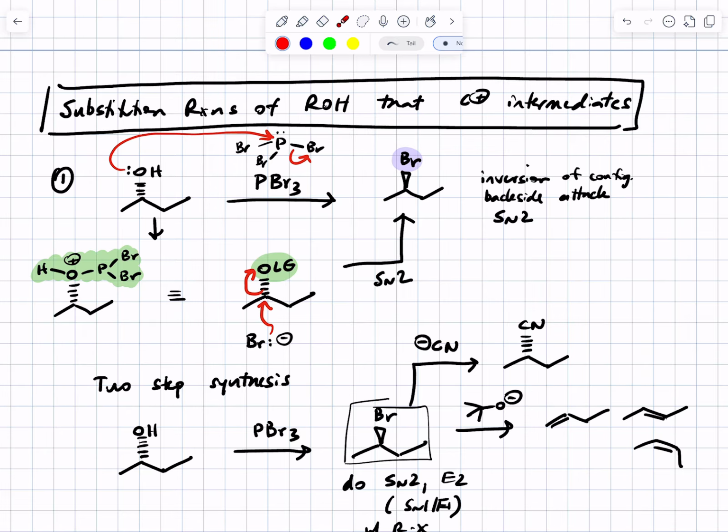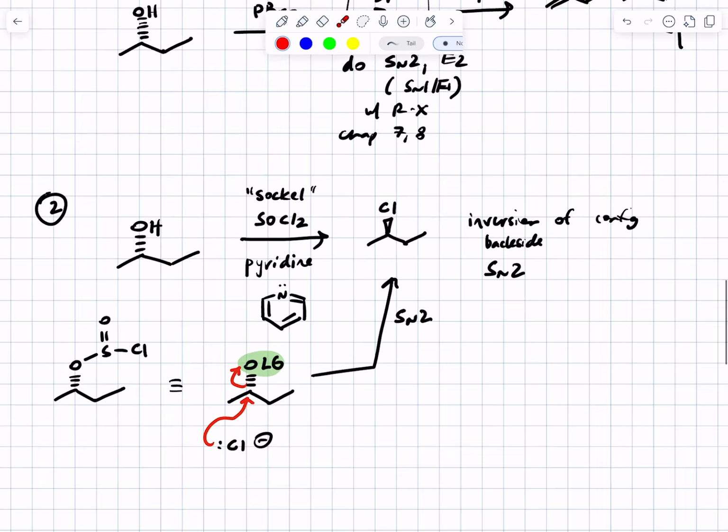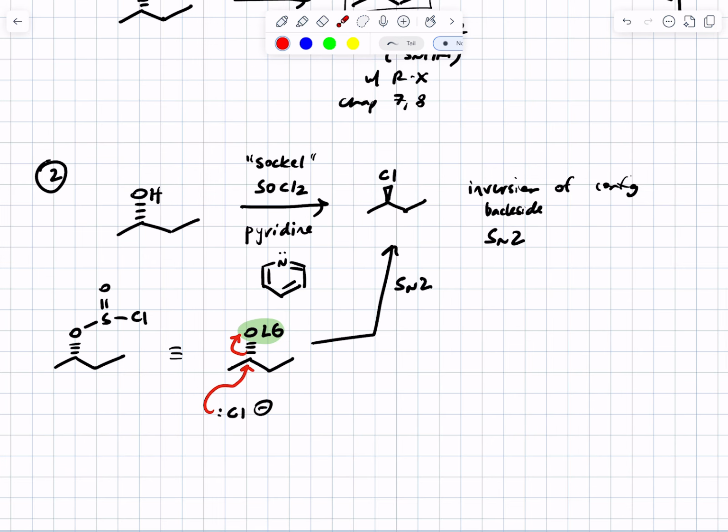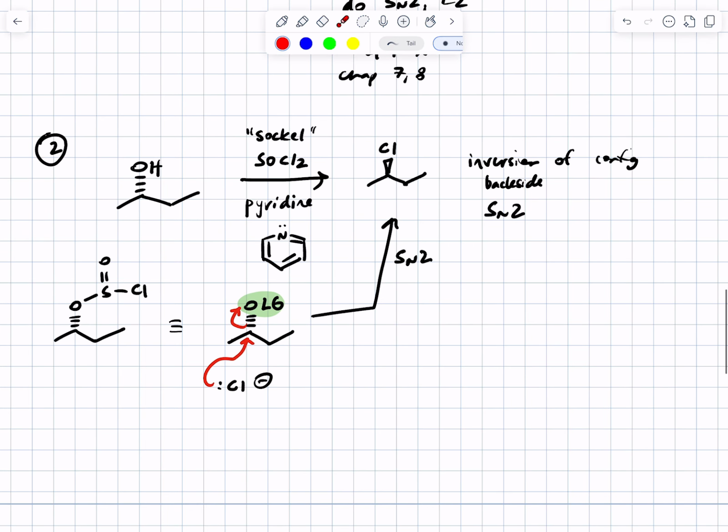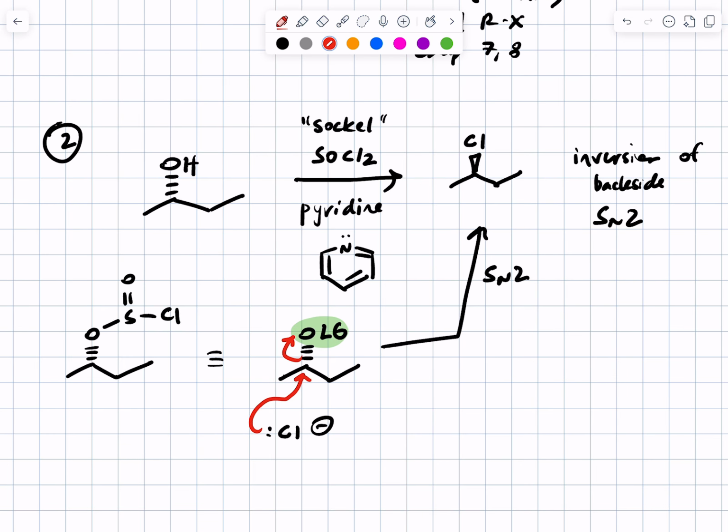Yeah. The SOCl2 and pyridine reaction, you said that the pyridine removes the hydrogen. Yep. Does the pyridine have to be present for this reaction to happen? My guess is the reaction goes better if it does. What I'm talking about is the SOCl2 reagent, and I'm not holding you responsible for this, looks like this. The first step of the reaction is basically oxygen attacks the sulfur and then chloride leaves.